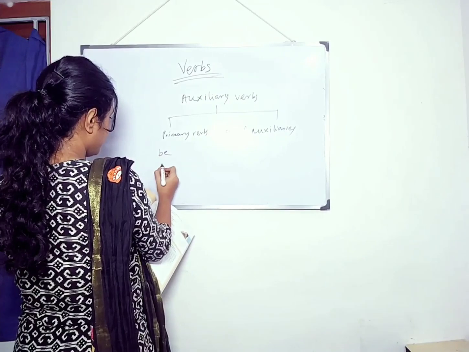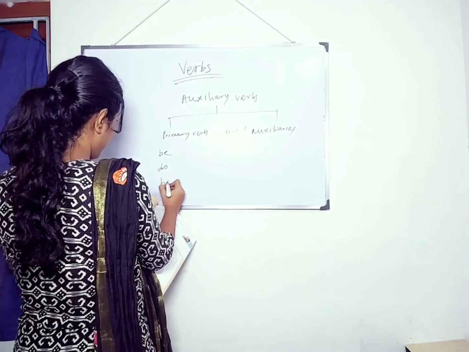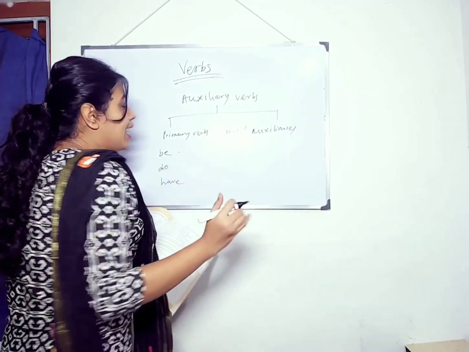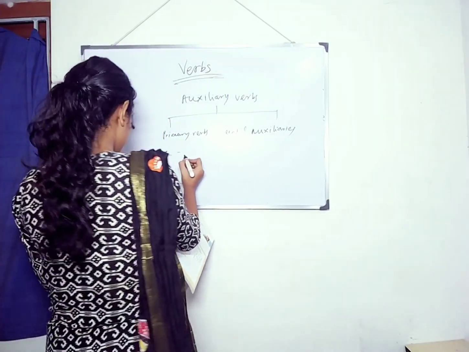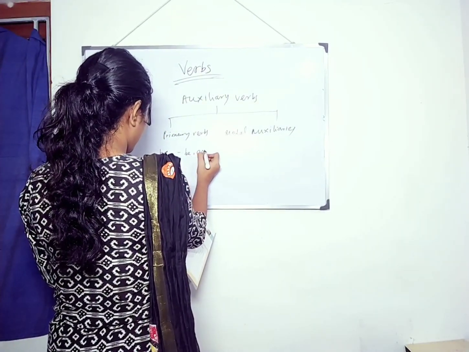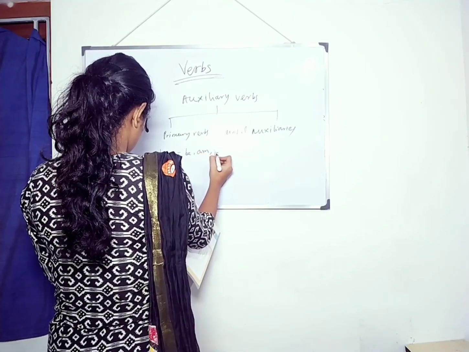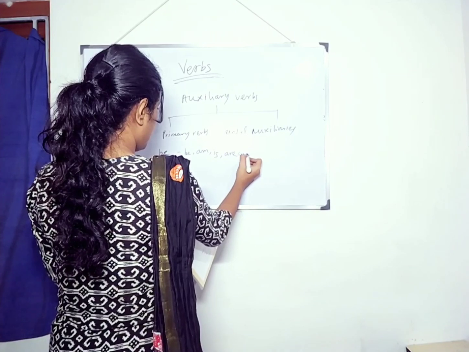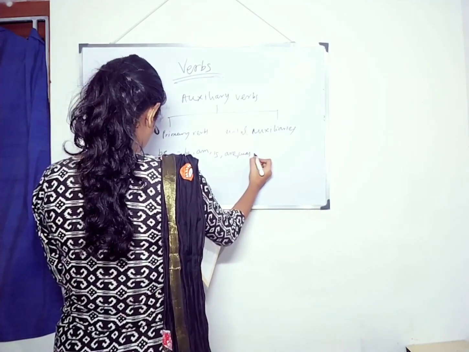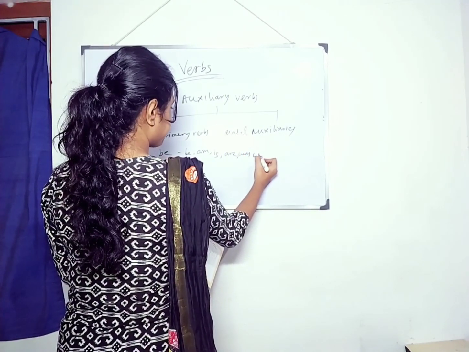Be, do and have. So what are the verbs that come under be? That is be, am, is, are, was, were. Okay.